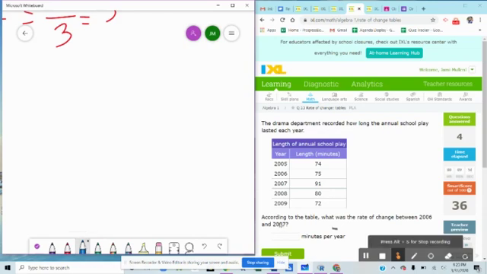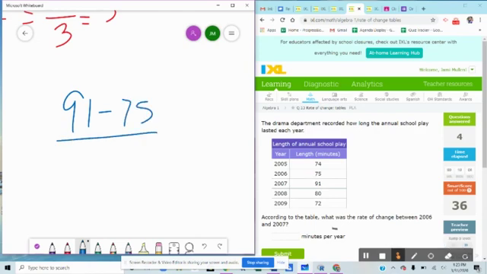So our bigger year is 2007, which we had 91, minus the smaller year is 2006, which is 75, all divided by 2006 to 2007 is 1 year. Now, once again, remember, you start with the bigger year, does not necessarily have to have the bigger Y value, okay? So we do 91 minus 75 is 16, divided by 1 is 16.